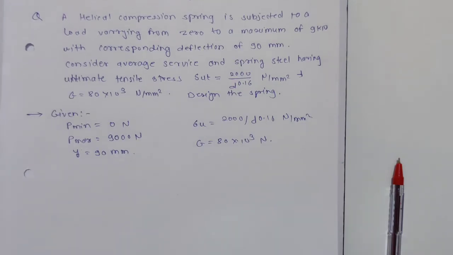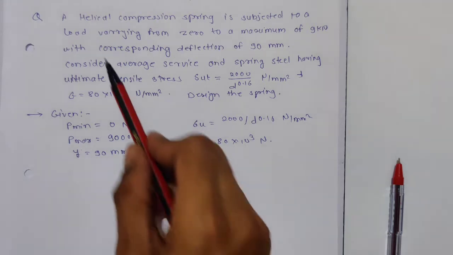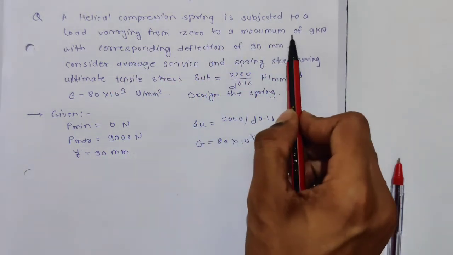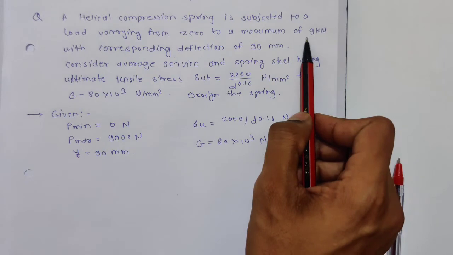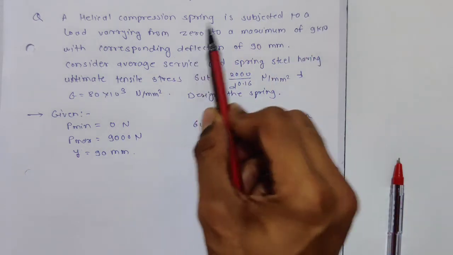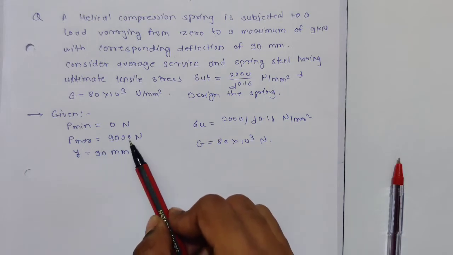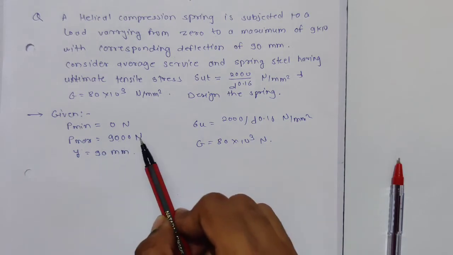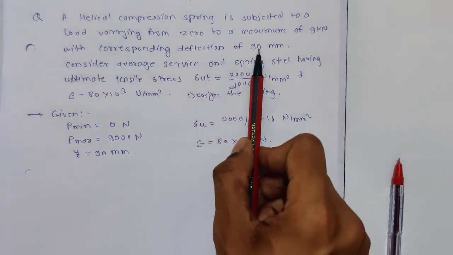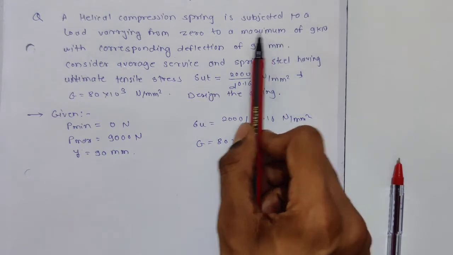Now the next question reads: a helical compression spring is subjected to a load varying from 0 to a maximum of 9 kN. So again it is a varying load. First it is 0 and then it is 9 kN. So P min is 0, P max is 9000 Newton, with a corresponding deflection of 90 mm. At 0 load there won't be any deflection.